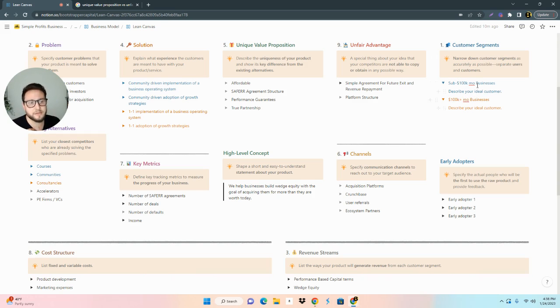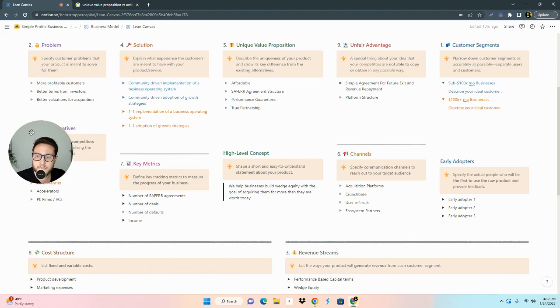Both of our performance advisories, it's ultimately the same offering. It's just different in terms of the way that we deliver it, and it's different based off of who we're delivering it to. But no matter what, we're still helping businesses build wedge equity, right? So we have one offer to help anybody who's doing less than 100,000 build wedge equity, and another offer for anybody who's doing more than 100,000 a month build wedge equity. And the difference is the how, right?